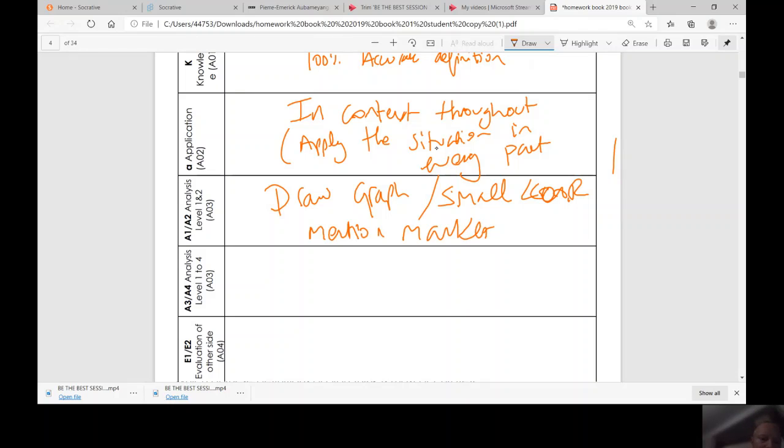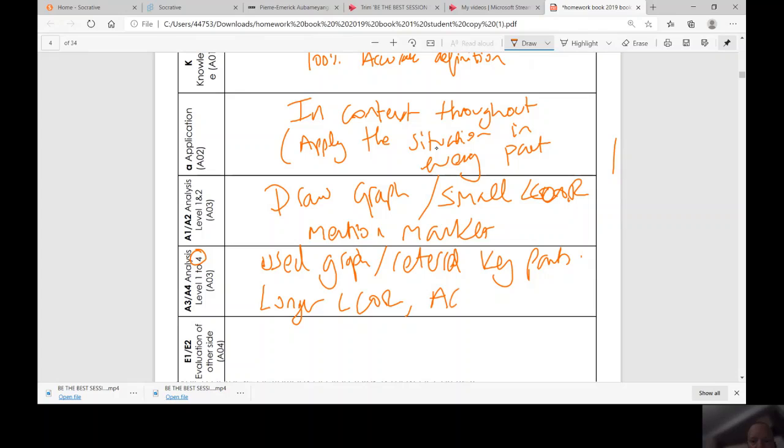However, the better answer, the one that got to level 4, used the graph. And by that, I mean they referred to key parts of the graph. They then went on and gave a longer logical chain of reasoning, which was more accurate, and they answered the question.